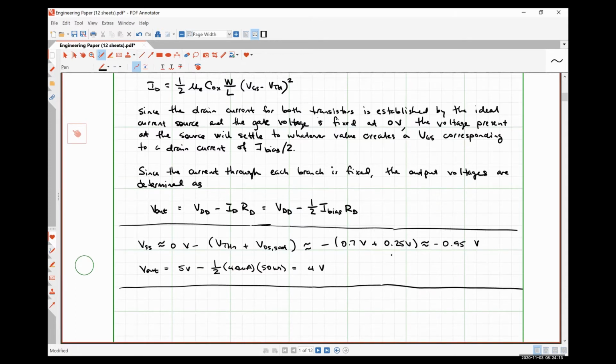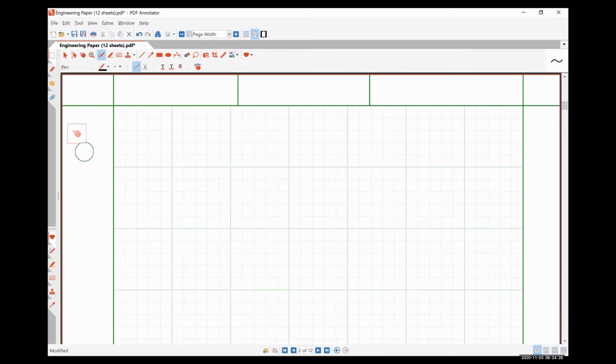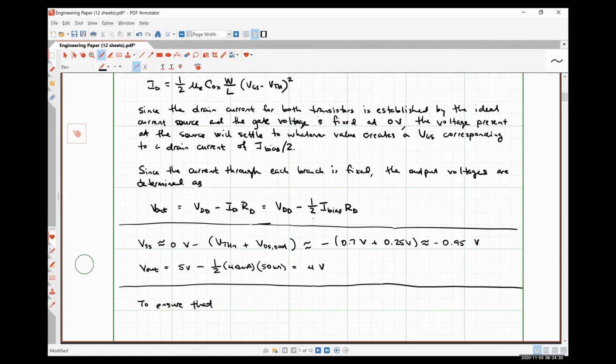Now, for this guy to work properly, both transistors need to be in saturation. So, to ensure that, oh goodness, where'd my page go? I guess I'm just running out of room here. The transistors stay in saturation.